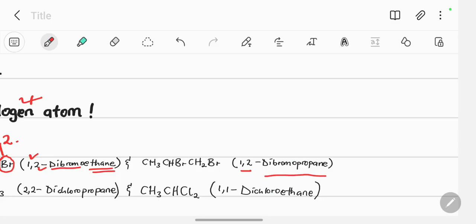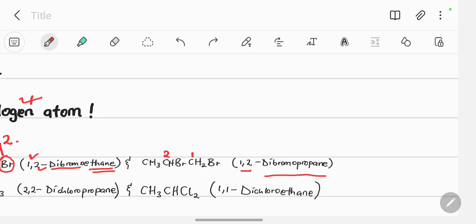And we also have 1,2-dibromopropane. The parent chain has 3 carbon atoms. But now we start numbering from this side, 1, 2, and 3, such that when we mention this 1, 2, we give it the lowest number possible. If you sum them up, 1 and 2 gives us 3.